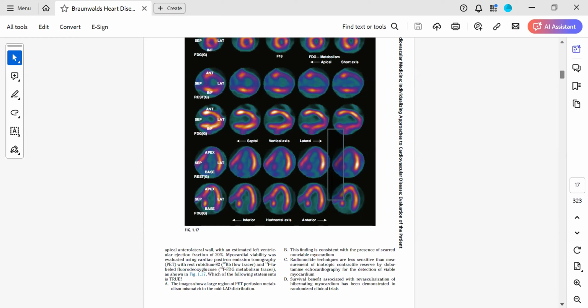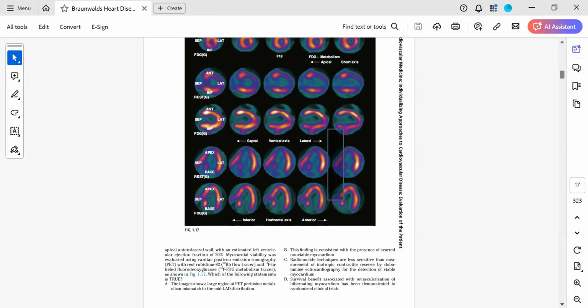this finding is consistent with the presence of scarred non-viable myocardium. So that would be false. Then C, radionuclide techniques are less sensitive than measurements of inotropic contractile reserve by dobutamine echocardiography for the detection of viable myocardium.